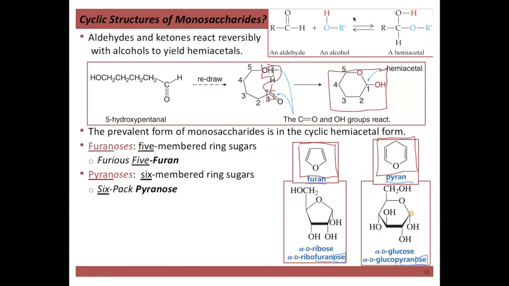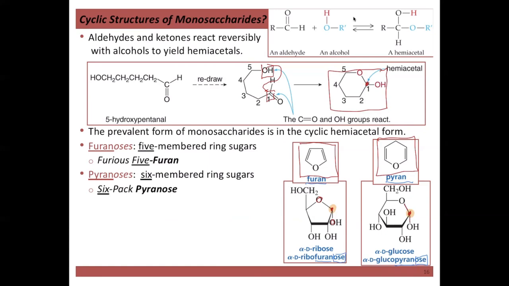And notice that we have a hemiacetal. We've got this common carbon right here that is sharing 2 oxygens. So we've got the oxygen here that shares a bond with that carbon, and oxygen here. And that is going to be a very special carbon that we need to be able to identify. That is what's referred to as the anomeric carbon. And that is where the carbonyl previously was.